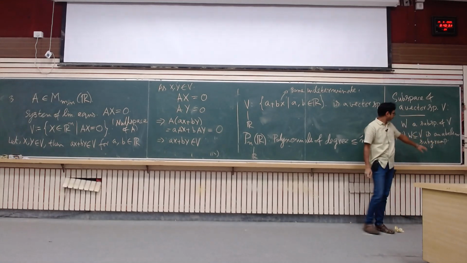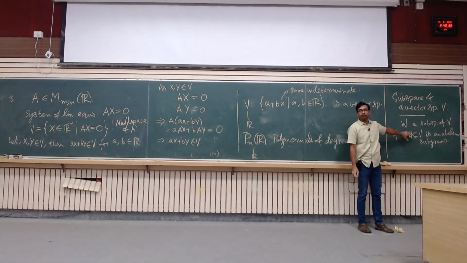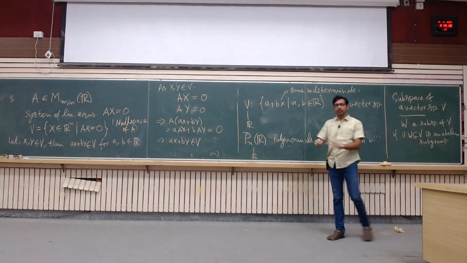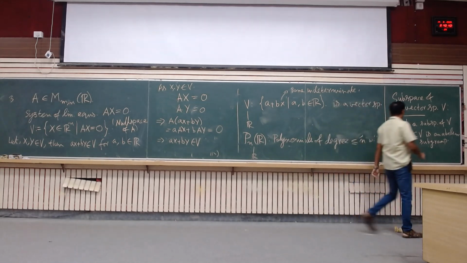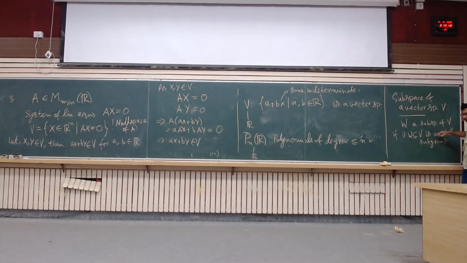It's a group under the same law of composition as in V. Here plus was the group law in V, and under the same group law, W is also an abelian group. It's closed under addition, the binary operation, and it satisfies the group properties. And every vector space is a subspace of itself.